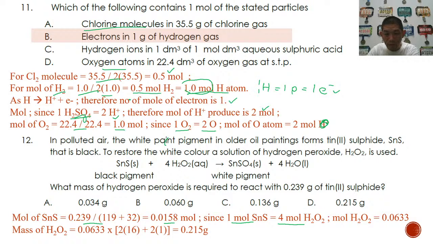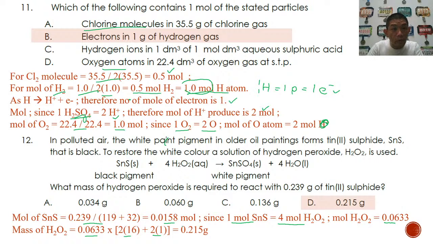So the mole of hydrogen peroxide is multiplied by 4, so you shall have 0.00633. So the mass of the hydrogen peroxide is 0.00633 multiplied by 2 times 16 plus 2 times 1. Press your calculator, you will get your answer as 0.215 gram. Okay, so that is for number 12.